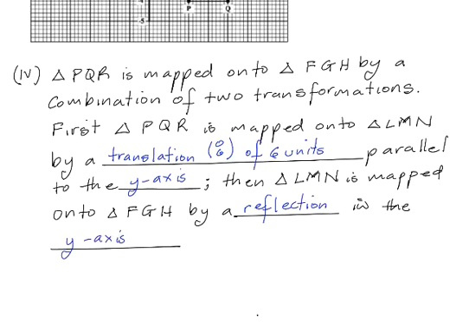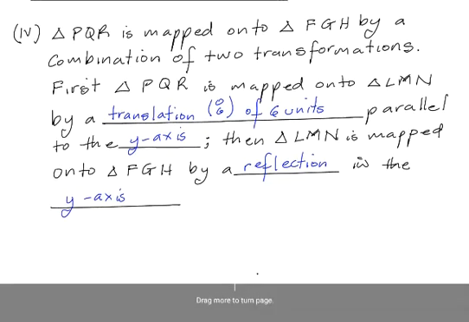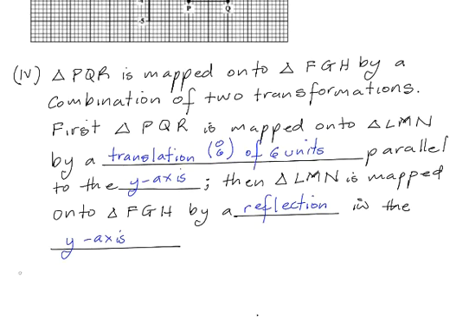All right. So let's see if we can finish this thing. Part V says triangles PQR and FGH are congruent. And we are to state 2 reasons why they are congruent.